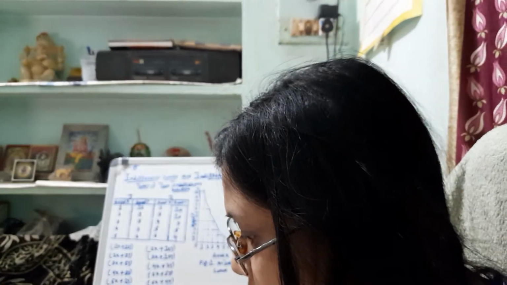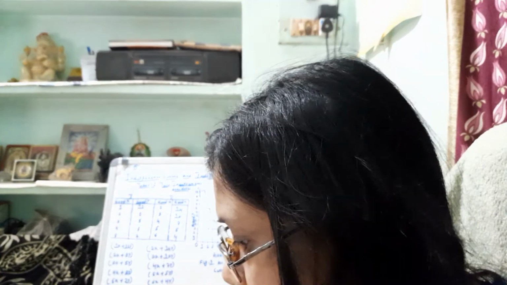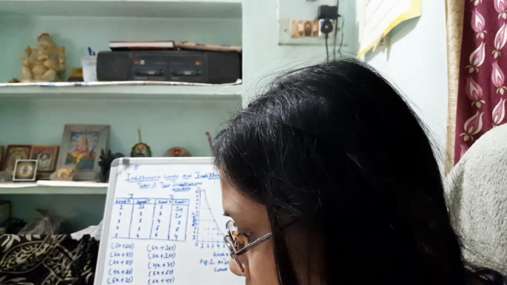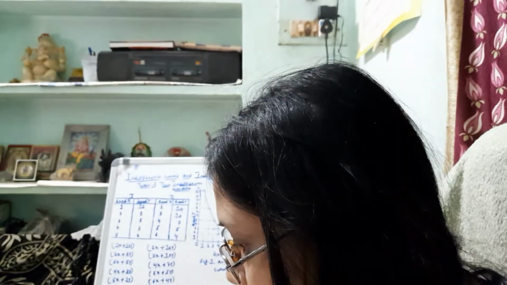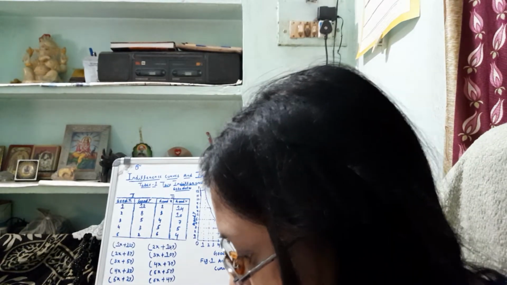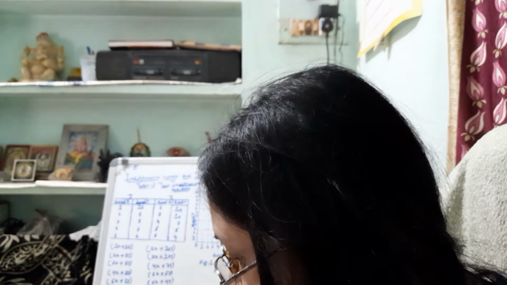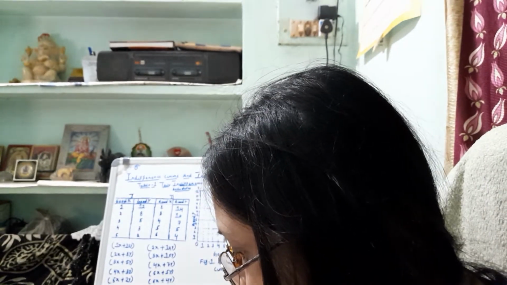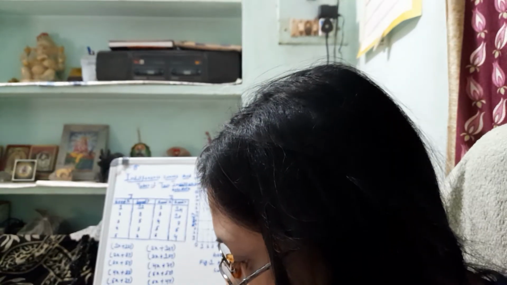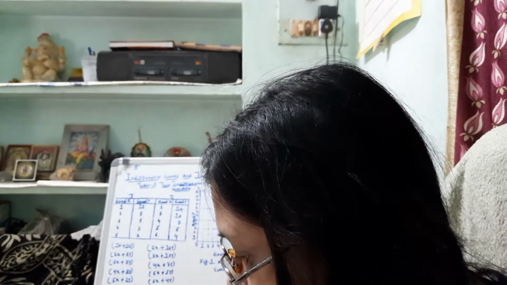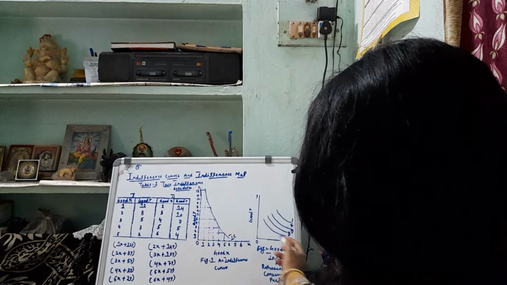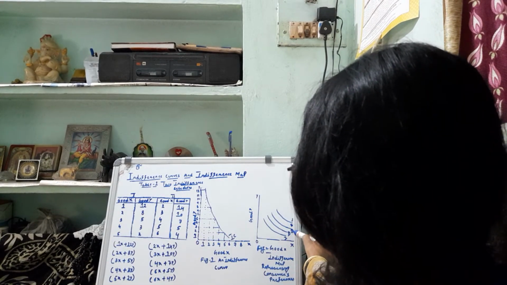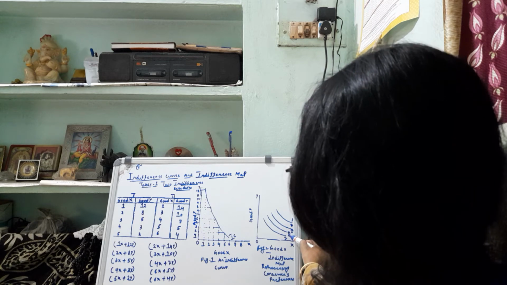Similarly, all combinations lying on indifference curve 2 provide him the same satisfaction, but the level of satisfaction on indifference curve 2, for the reason already explained, will be greater than the level of satisfaction on indifference curve 1. Likewise, the higher indifference curves 2, 3, 4, 5 represent progressively higher levels of satisfaction. This is the indifference map: 1, 2, 3, 4, 5.